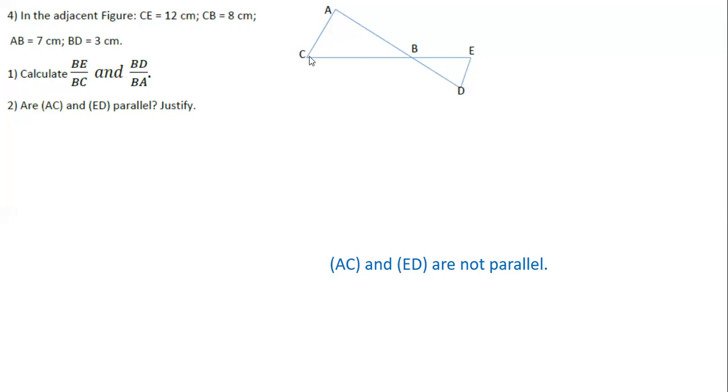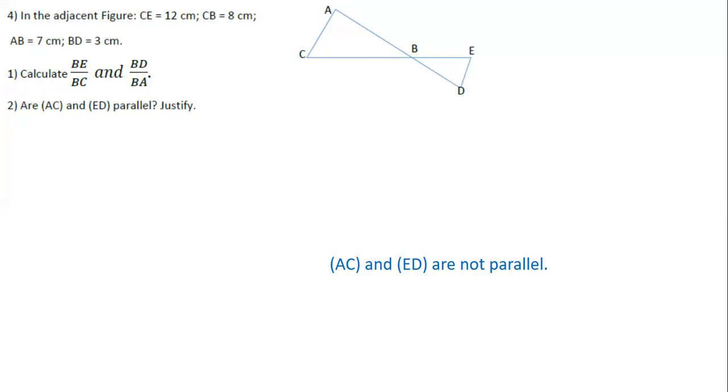We have CB, it is 8 centimeter. We have AB 7 centimeter, and we have BD 3 centimeter. Now we should calculate BE over BC. Do you have the value of BE, Mariam? No. Can you get it? Can you find it? Yes.